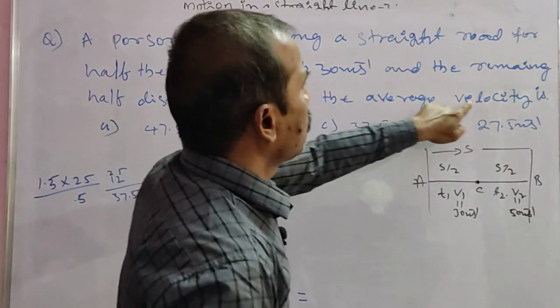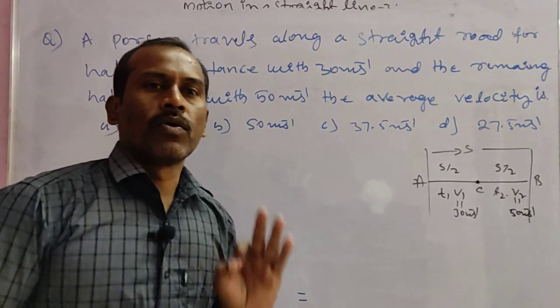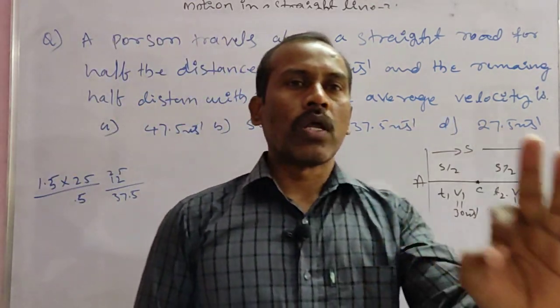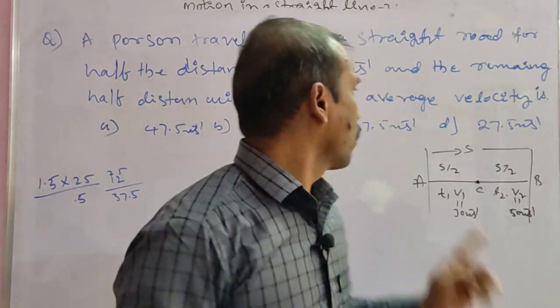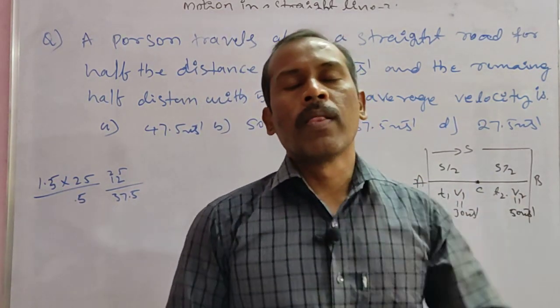Now the average velocity, or average speed, is equal to the total distance by the total time. Average velocity is equal to total displacement or total distance by total time.